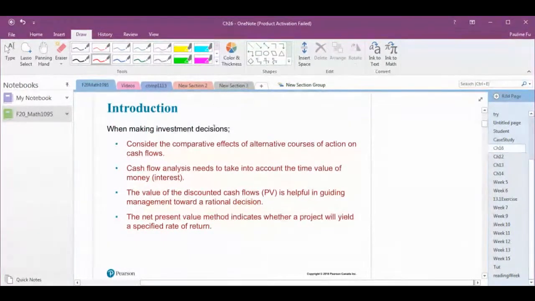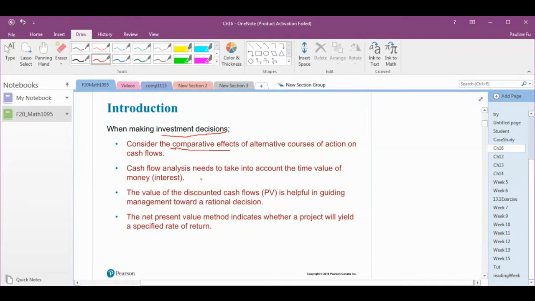This chapter is all about making investment decisions. And there are some principles. One is you need to consider the comparative effects of the alternative courses of action on cash flow. So usually you are going to compare 2 choices or 3 choices.